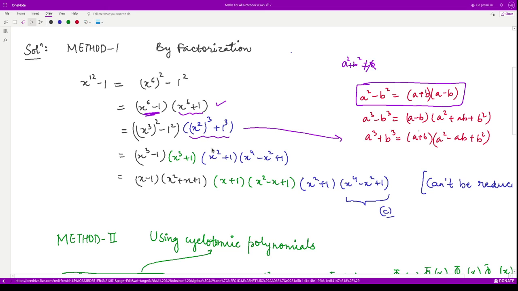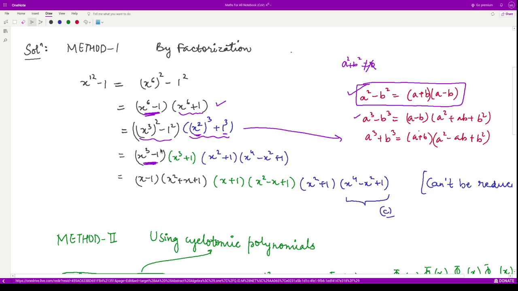So this thing is equivalent to x square plus 1 into the square of this minus this term multiplied by this term, that is x square, plus the square of this, that is 1 square, and x square plus 1 as such. And this on factorization gives us x cube minus 1 and x cube plus 1 according to this formula. So now we can again factorize this according to this formula.